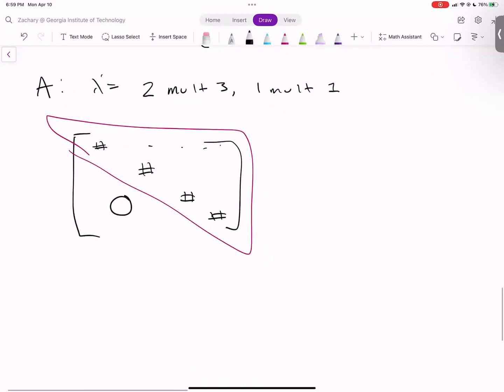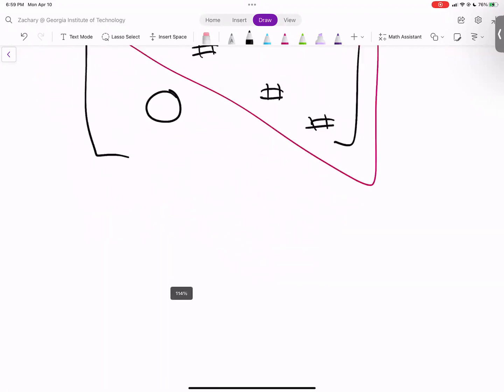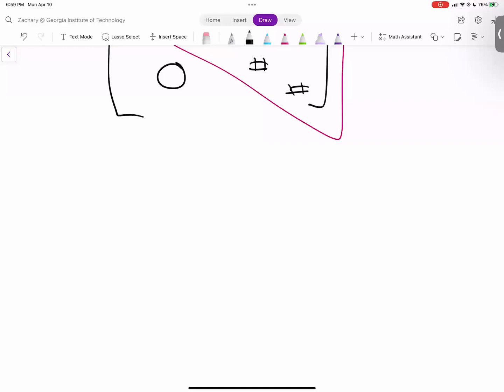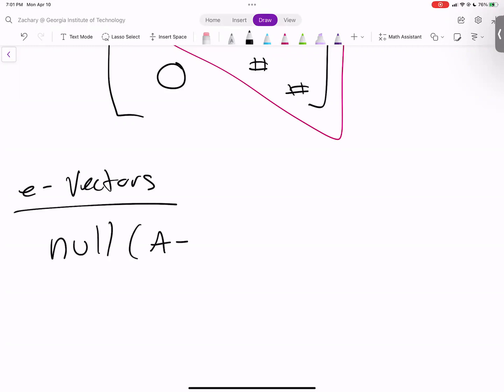Eigenvectors are a little bit more complicated. When we talk about eigenvectors, like I said, they're always the basis for the null space of A minus lambda I. So before we can find this, do we know that A minus lambda I has a null space for the lambdas we found?